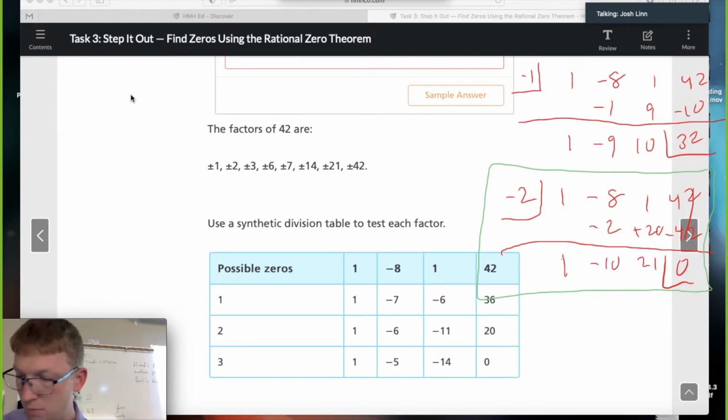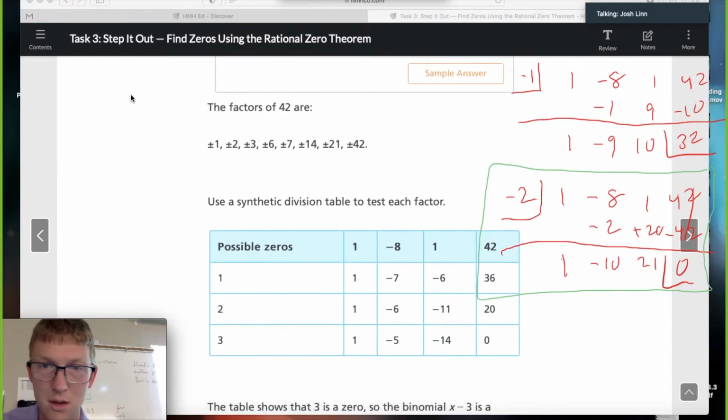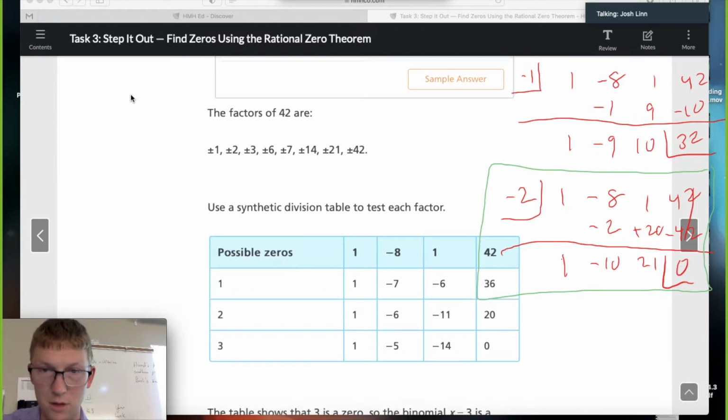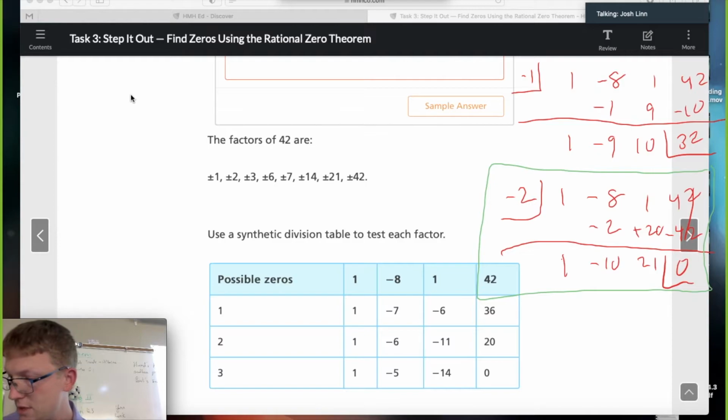So we can go through the same process using the one that I found as opposed to the one that they found. And you'll see at the end that it's all good. So again, they just used our positive ones right here. I just used the negative ones. That's all.